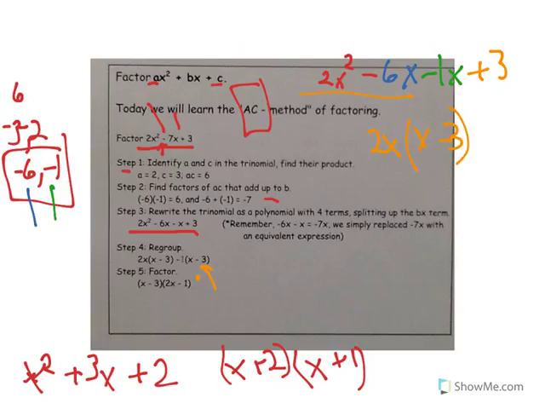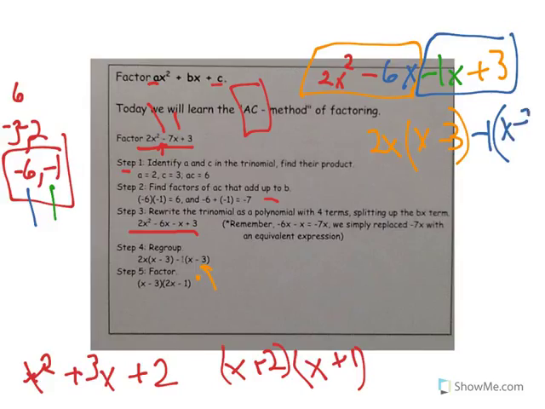Hopefully that makes sense, because what's happening is I'm taking out 2x from this part here. And then when I take out negative 1 from this part here and pull it off to the side, I'm going to end up with x minus 3.